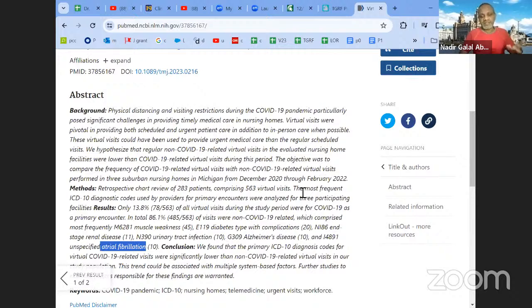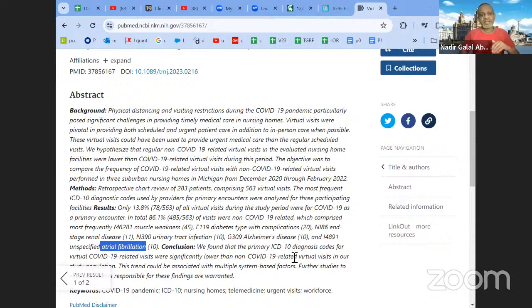So when I read this article, I can come up with my own experience. I can say, in my experience in this area, we saw more patients with complications of COVID during the pandemic, or we saw patients with this and that.